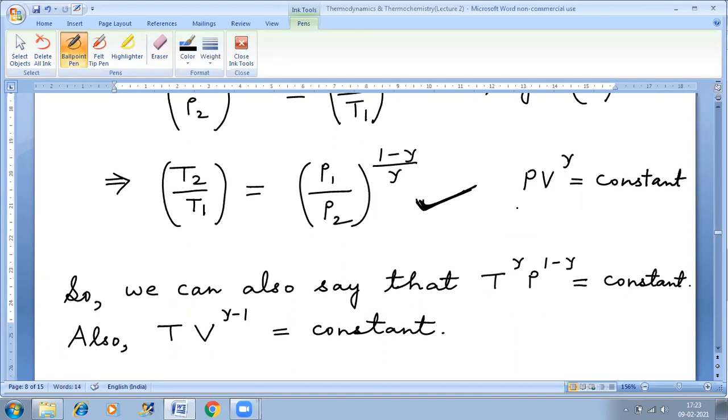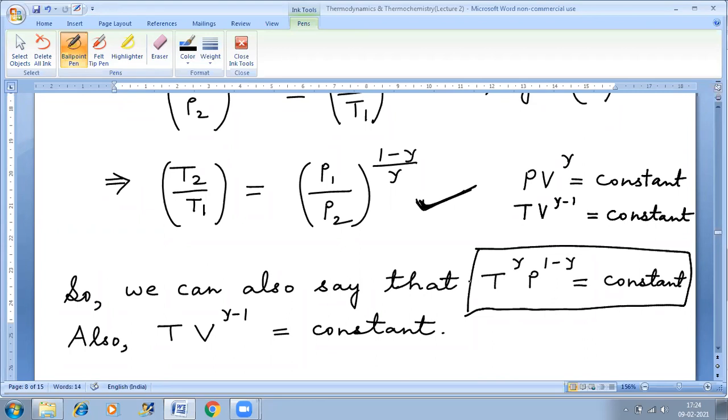One is T into V raised to gamma minus 1 is equal to constant. And another one is this: T raised to gamma into P raised to 1 minus gamma is equal to constant. So these three relations hold true for a reversible adiabatic process.